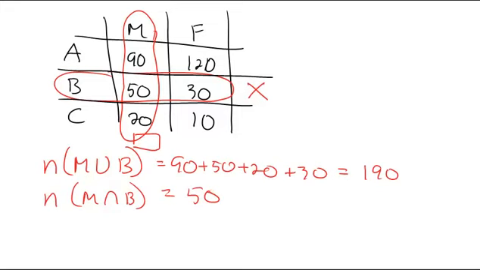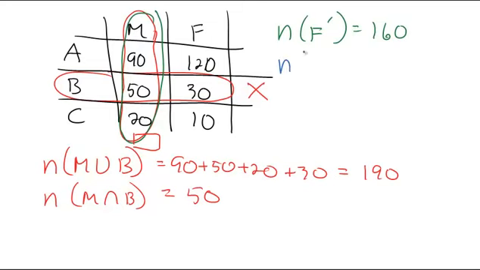Okay, how about in green, we'll do the number of things that aren't female. Well, duh, if it isn't female, it's got to be male, right? So that's going to be just these three again. Add those up, and you get 160. Okay, how about in blue? The number of things that are in the complement of C union female.